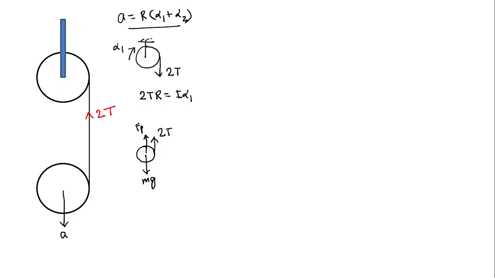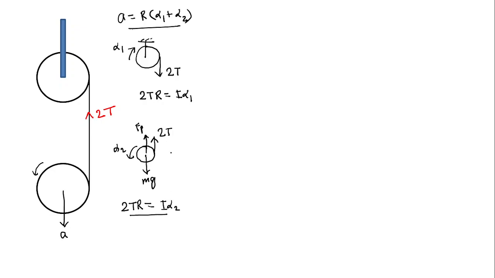Regarding the rotational motion, 2TR is the tau, equal to I times its angular acceleration alpha 2. So 2TR is equal to I alpha 2.